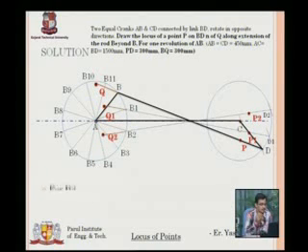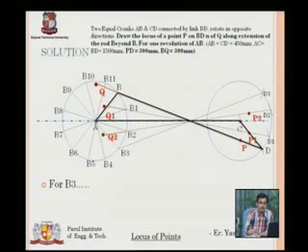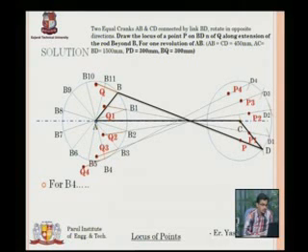Okay, now for B3, again the same, I draw the D3, then I'll connect B3 D3, mark Q3, mark P3. That will go on. For 4, I have B4 D4, I have Q4, and I have P4.